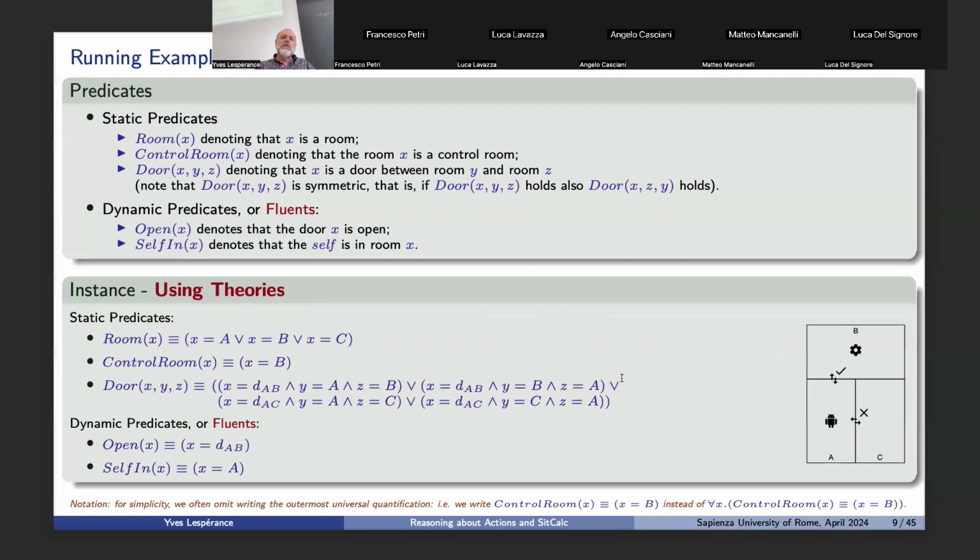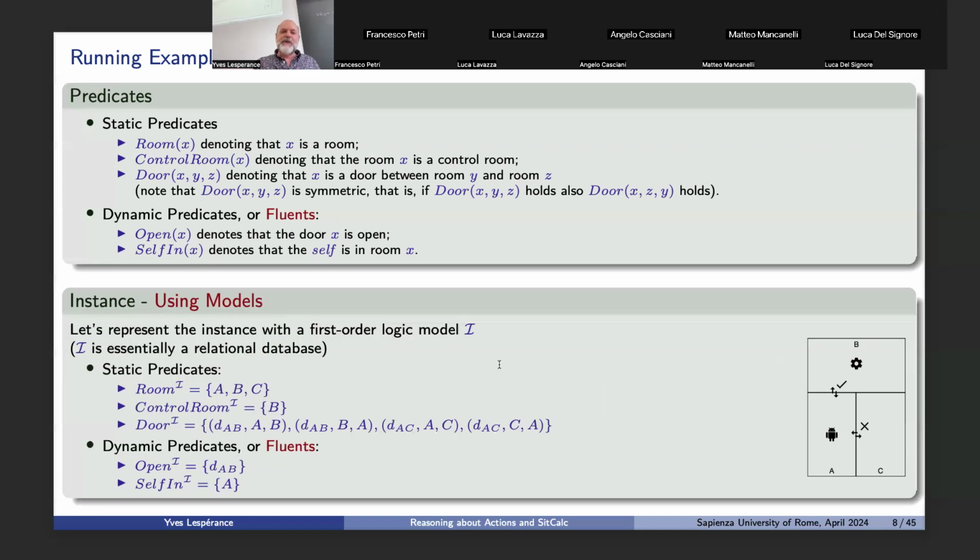Now, instead of using a particular model, we can also use theories. Theories are simply sets of axioms, sets of sentences. As I said, in the previous case, this is a bit like a database.